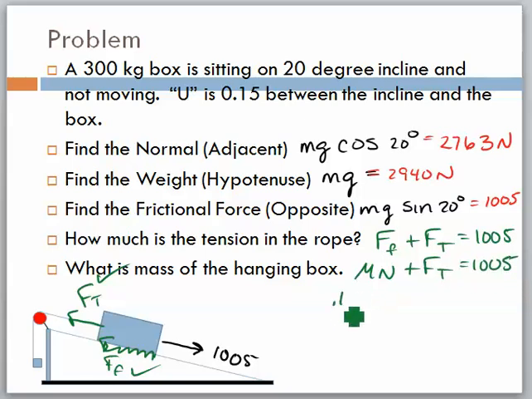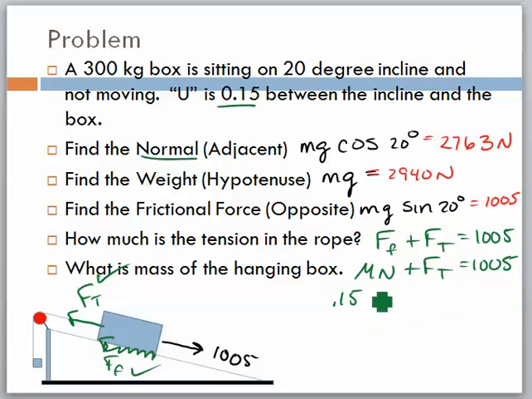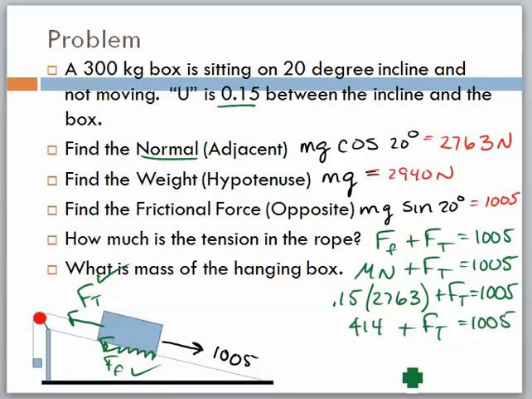Mu is 0.15 from the story problem, and N we've already calculated to be 2,763, plus Ft equals 1,005. That gives us 414 plus the force of tension equals 1,005.